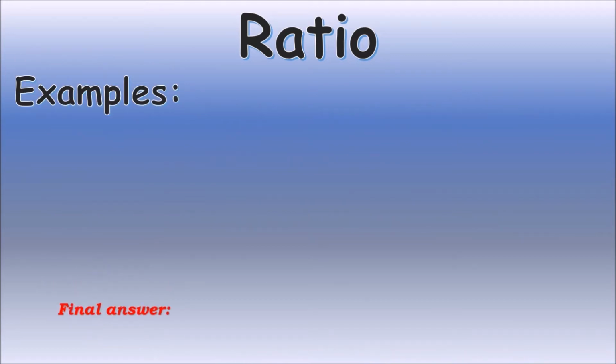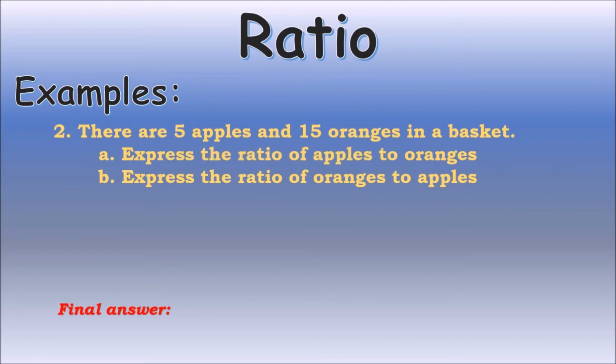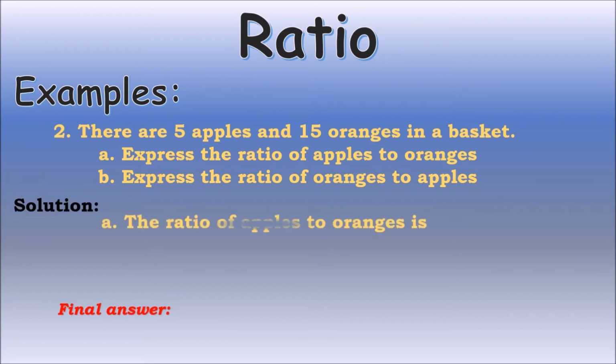So let us have another example. There are 5 apples and 15 oranges in a basket. Letter A, express the ratio of apples to oranges. And letter B, express the ratio of oranges to apples. The ratio of apples to oranges is 5 apples is to 15 oranges, or 5 over 15. Look at the fraction 5 over 15. It is not in its lowest term, so we must reduce it to its lowest term.